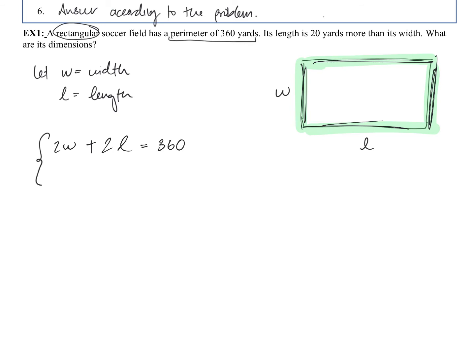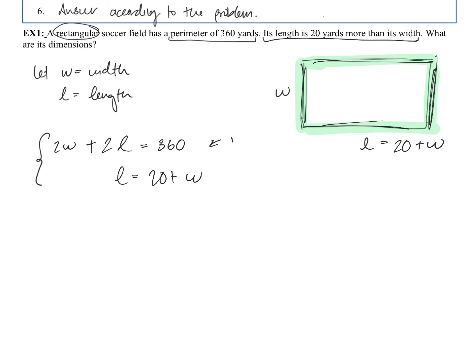What else do we know? Well, we know that the length is 20 yards more than the width. So the length is supposed to equal 20 yards plus the width. Alright, and there's our other equation. So L equals 20 plus W. And there we have our system.